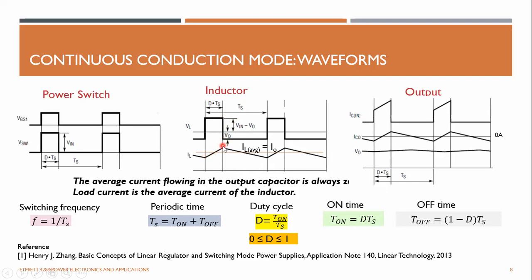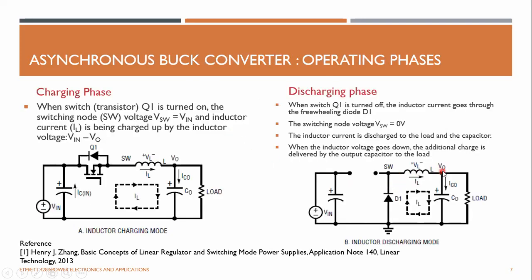And when you turn off the switch, the inductor voltage now becomes the output voltage V out, right? So when you turn off, this voltage is V out, and the switch node voltage is literally 0 volts. So it is 0 minus V out, which is minus V out. So the inductor voltage is minus V out. Earlier we had V in minus V out.